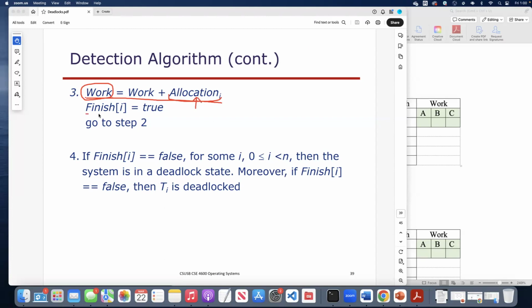And we also set this thread's finish equal to true. So we repeat step 2 and 3. Repeat step 2 and 3, try to find all the possible threads that can finish.